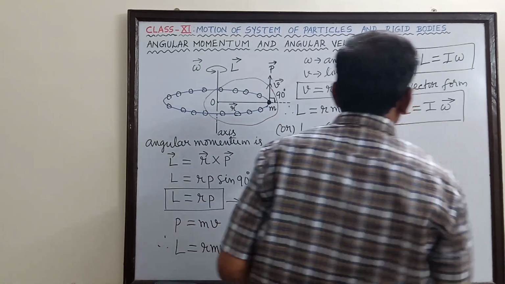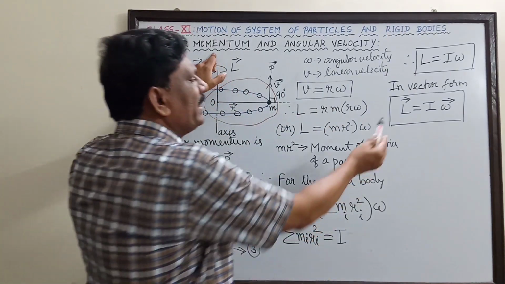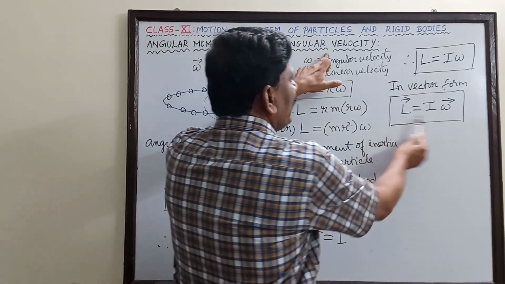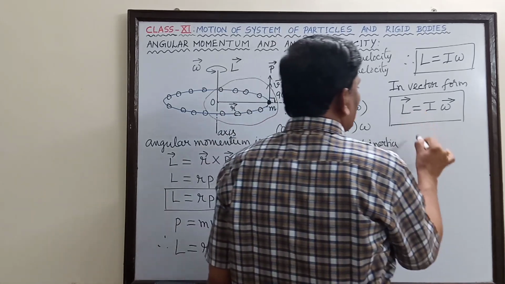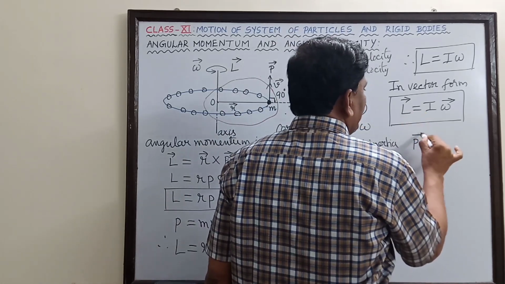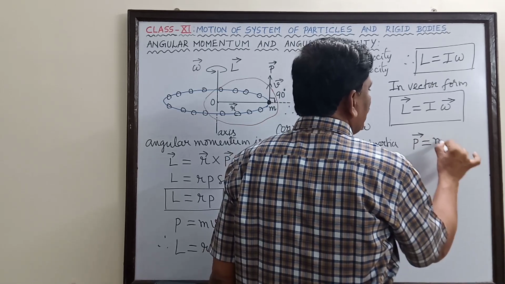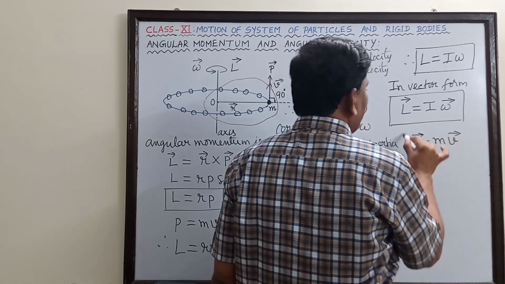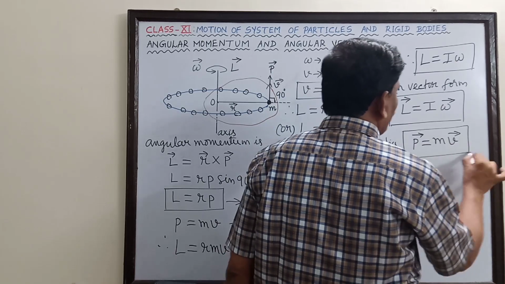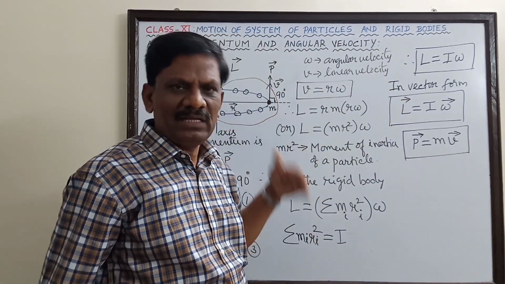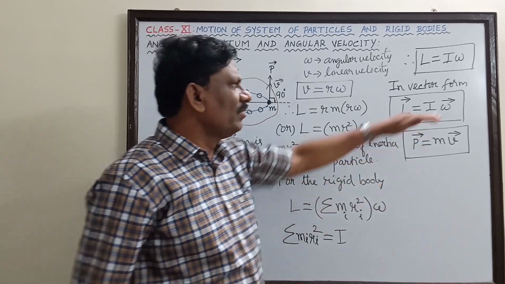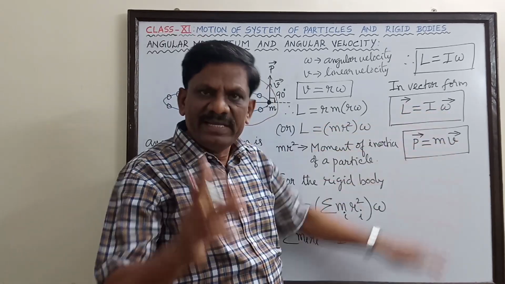So we have derived the relationship between angular momentum L and angular velocity omega. This equation is analogous to linear momentum vector equal to mass into linear velocity. Understand? Every time whenever we derived a relationship in the earlier derivations, we have compared it with linear motion.